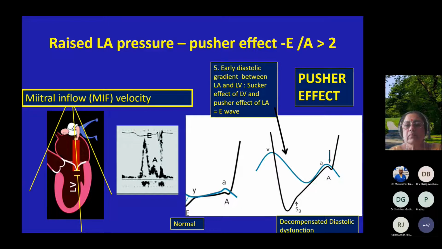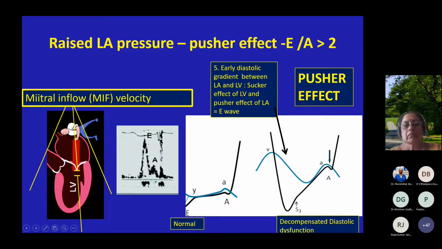When there is a tremendous rise in LAP due to various pathological situations like hypertension, aortic stenosis, and many other situations, E is more than A, more than 2. I just wanted to show you how the pushing effect is more important over here, because LV is already hypertrophied. LVEDP as well as during the diastasis also LV pressure is very high, and there is a steep A because of a severely hypertrophied ventricle.